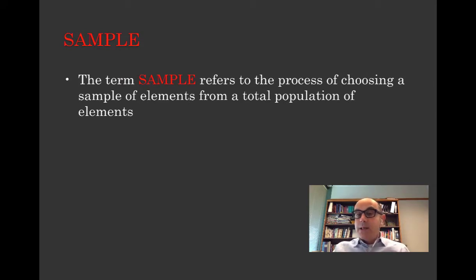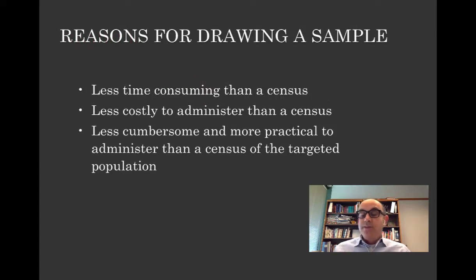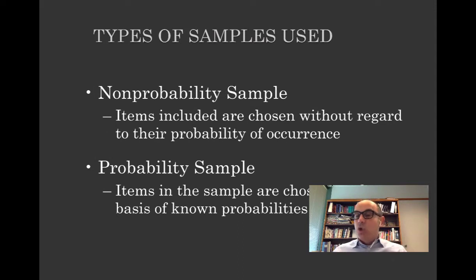Sampling is a process of selecting elements from the entire population. The reason why we take a sample is that it is less time consuming, it's less costly, and we can have some control over how the sample works. There are two types of samples, non-probability and probability.